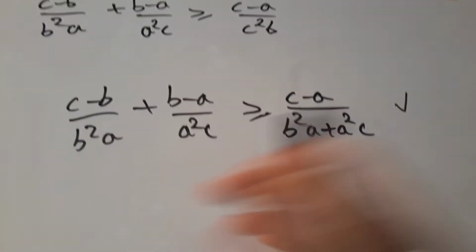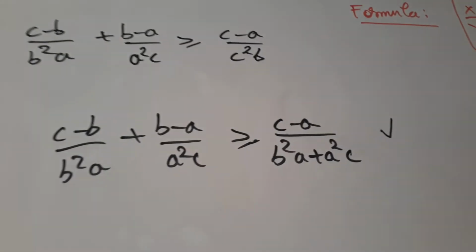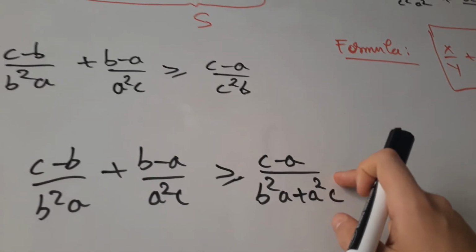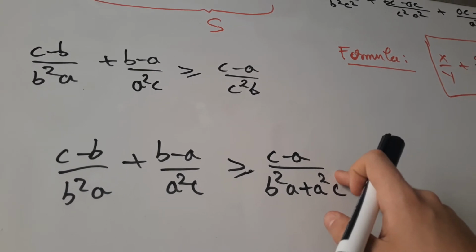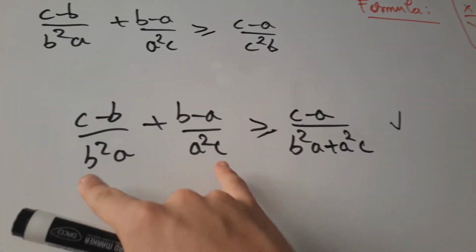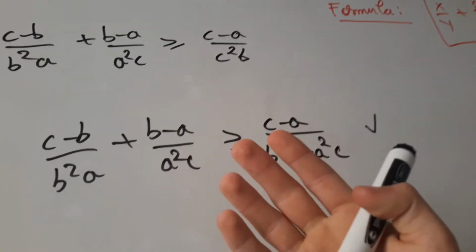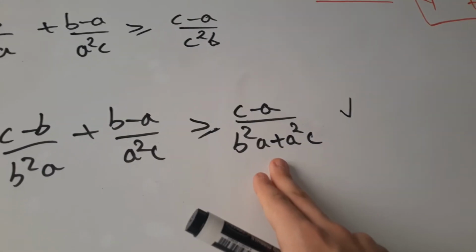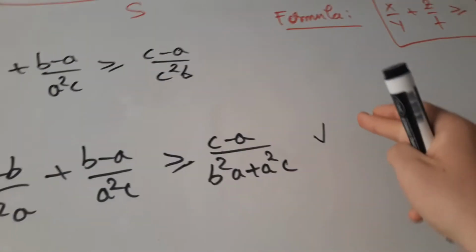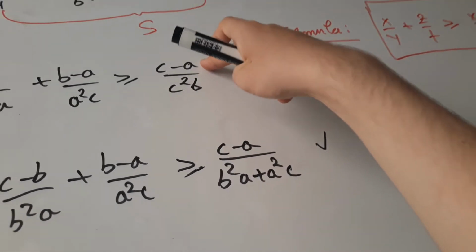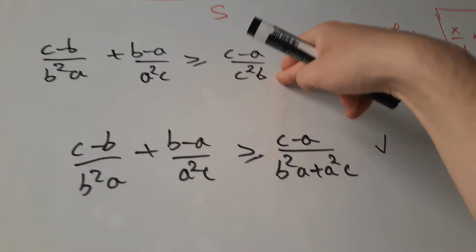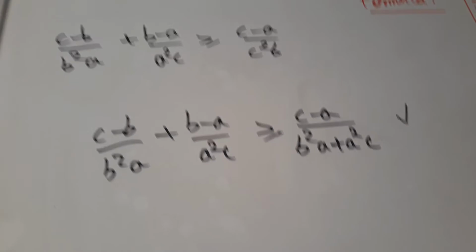So we clearly know this one. Now I can see that the numerator from here and the numerator from here are equal. And if we prove that this fraction is greater than this fraction, it follows that this sum will be greater than this fraction. Let's get started.